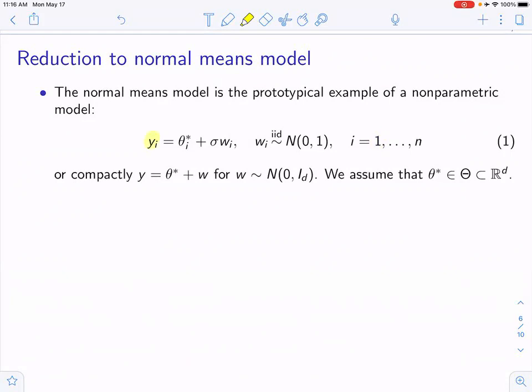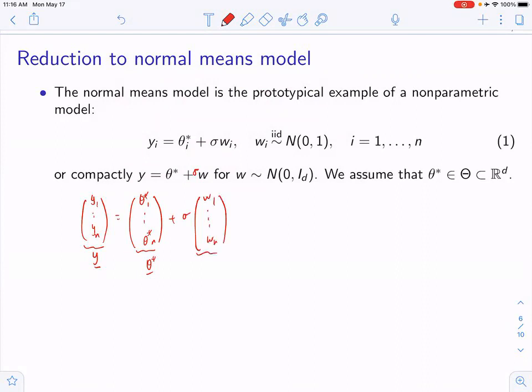The mean of y_i is theta star i, and there's additive noise, which is sigma times a standard normal. If I write this in vector form, we have y_1 up to y_n, this is vector y. This is theta star 1 up to theta star n, this is theta star. And then we have w_1 up to w_n, that would be vector w. So it's a very simple model.